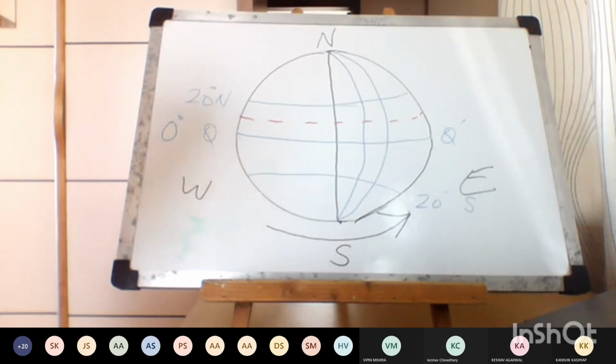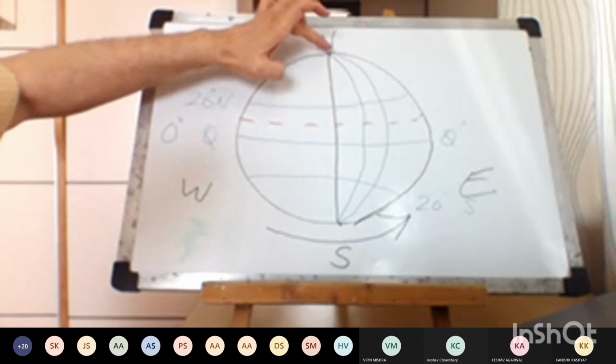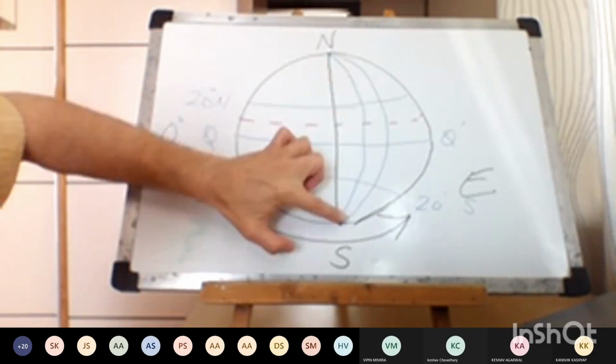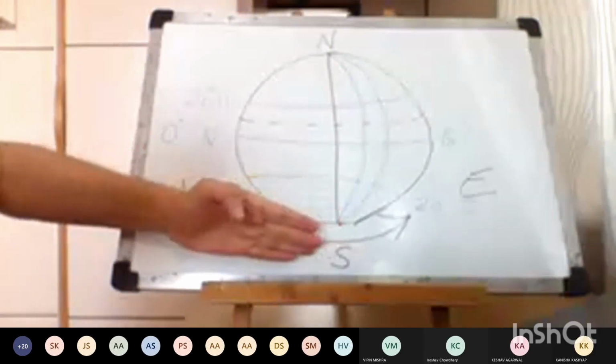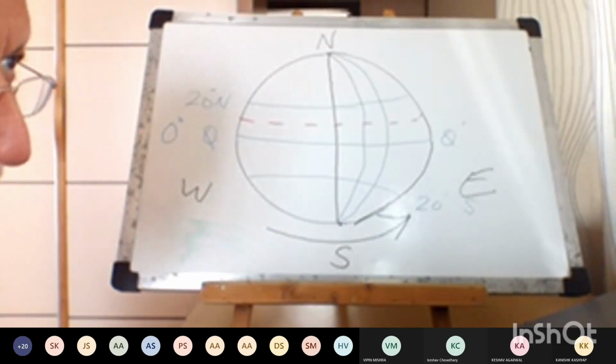Is a meridian a great circle? Semi-great circle. Because it is only going from north to south, the half part of the globe. The other half on the back side is another semi. But if we continue, then we can call it a great circle. Again, why is it a great circle?